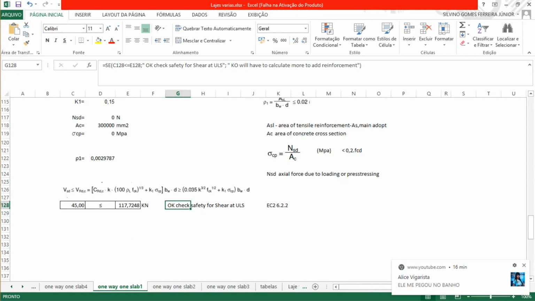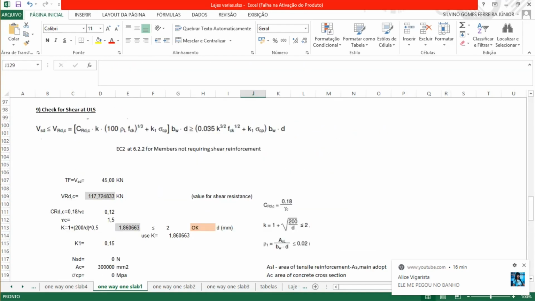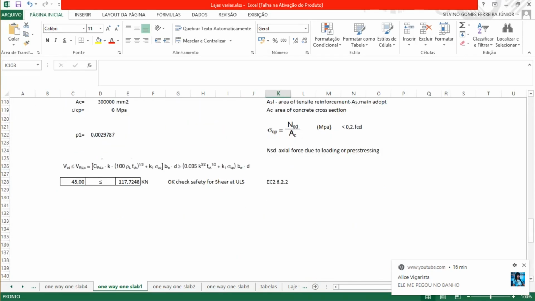What this means is that the safety for shear at the ultimate limit state is checked, and you can see this in Eurocode 6.2.2. This equation is used for members not requiring shear reinforcement. So that's it.